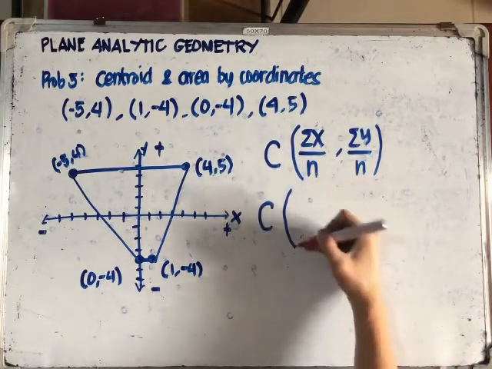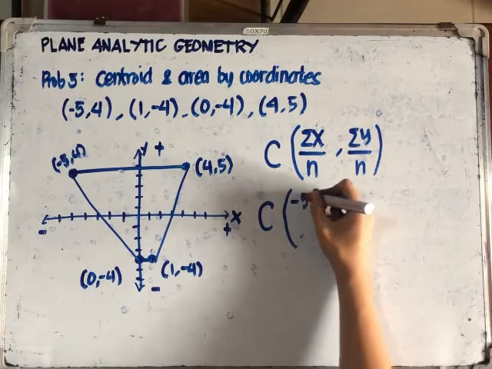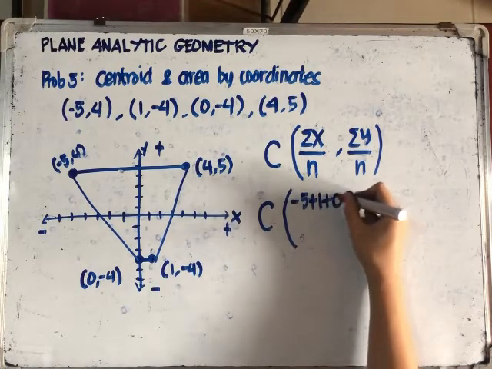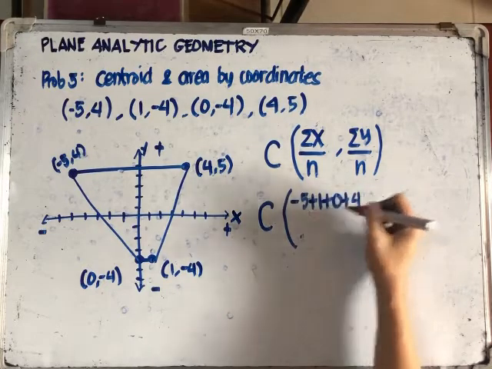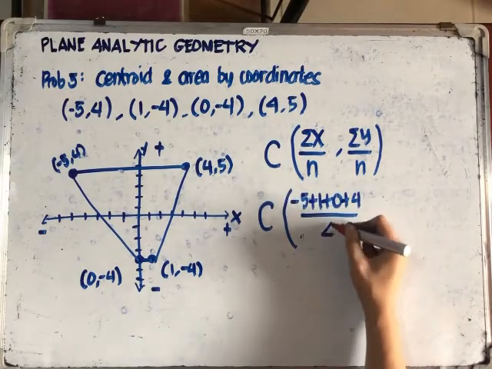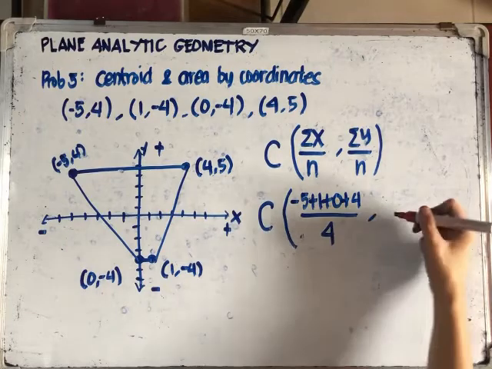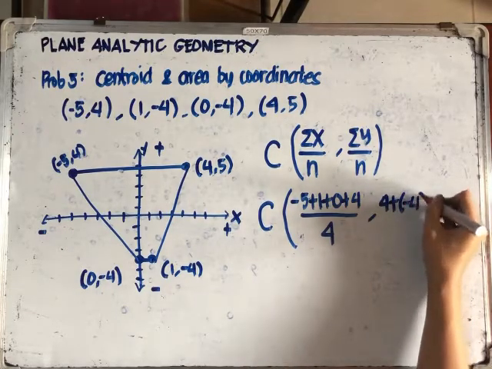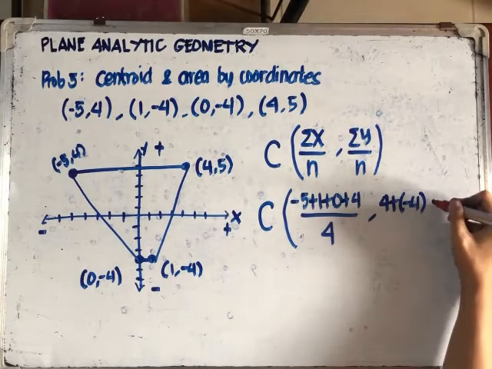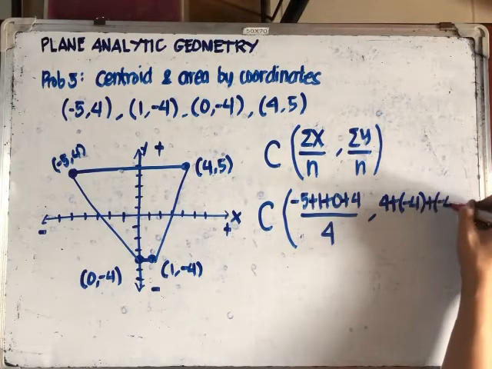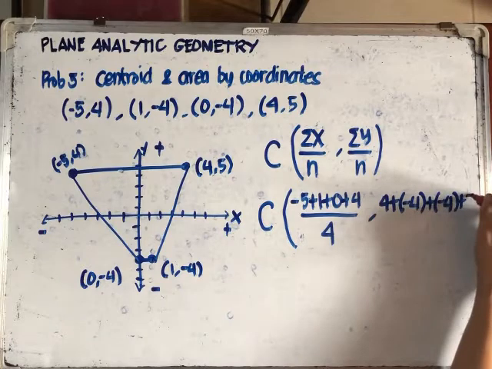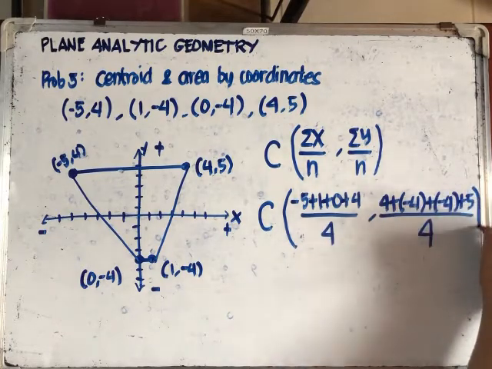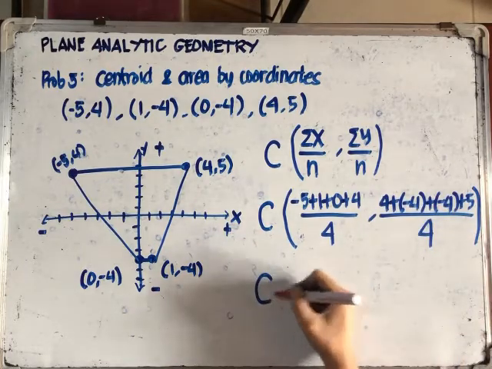So for centroid, you have here negative 5 plus 1 plus 0 plus 4 divided by 4 coordinates in total. And for y, you have 4 plus negative 4 plus negative 4 again plus 5 divided by 4, and that would give you your y coordinate for centroid.